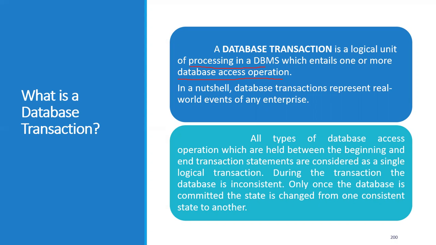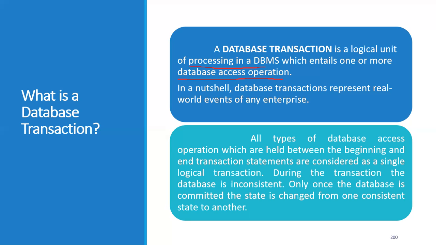Here, all types of database access operations are held between the beginning of the transaction and the end of the transaction. At the beginning of the transaction, the database is in a consistent state. At the end of the transaction, the database is in a consistent state. During the transaction, the database is inconsistent because we are accessing the database and performing some update operations.